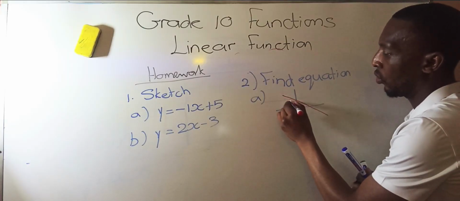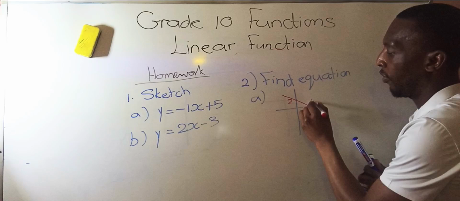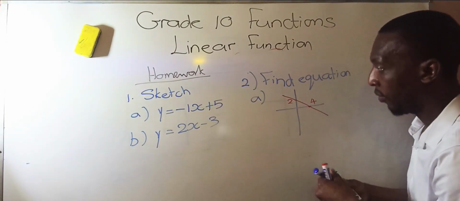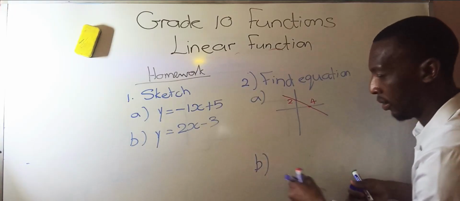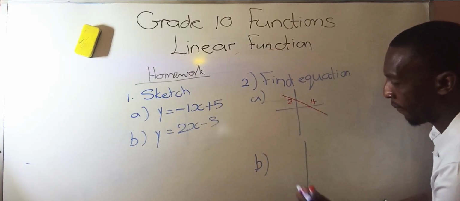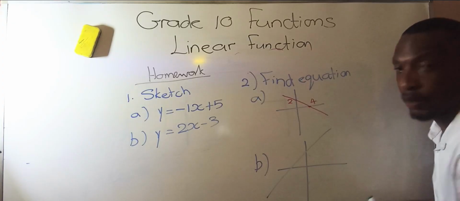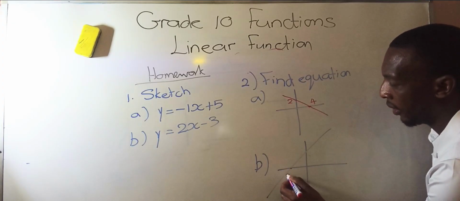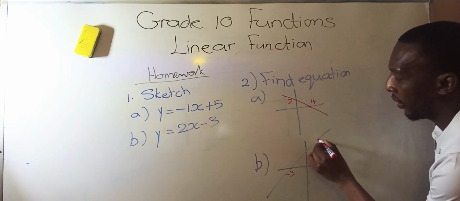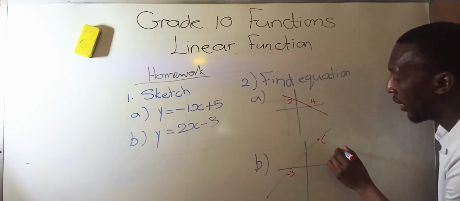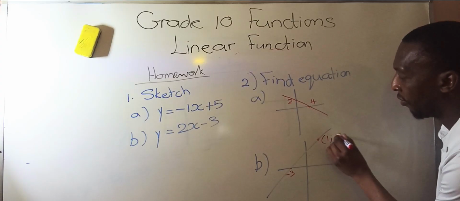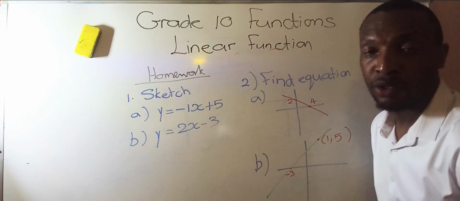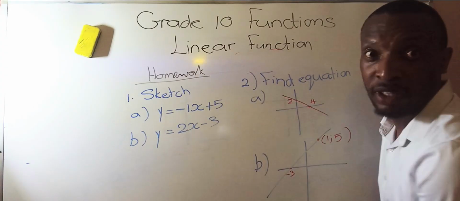They say this is 2 and this is 4. So they want the equation of that. And then for B, they say this here is -3, and they give you another point in the middle of nowhere. Let's make it 1 and 5. So I want you to find the equations of those two and sketch these two for me.